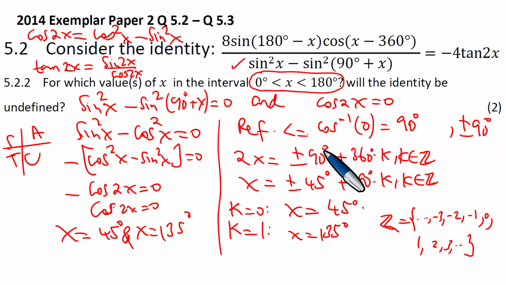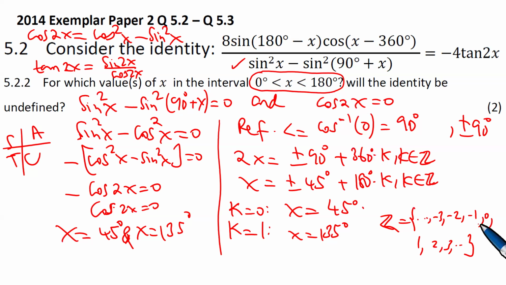If we substitute -1, for example, 180 degrees times -1 is minus 180 degrees. This interval, they're saying for which values of x in the interval, meaning we're able to see that negative angles are not even wanted.